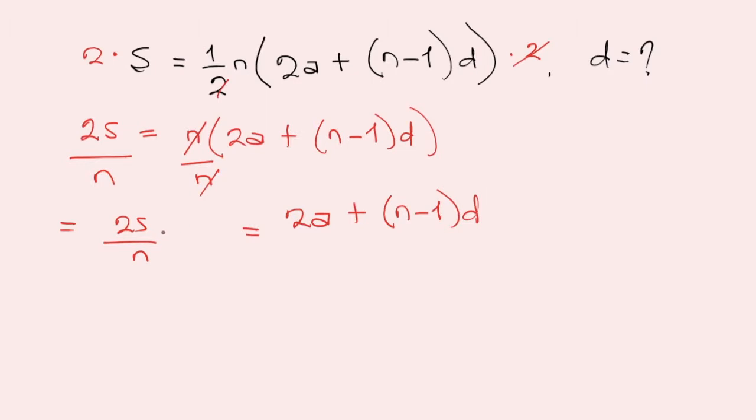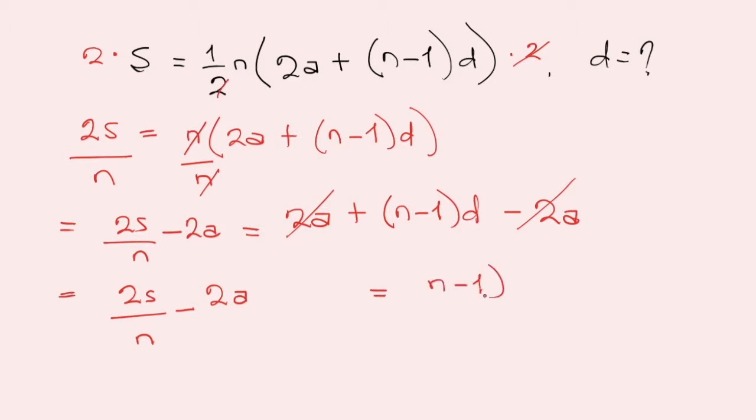So if we subtract 2a from this side and from this side, minus 2a cancels out the plus 2a here. So this is equal to 2s over n minus 2a equals n minus 1d.